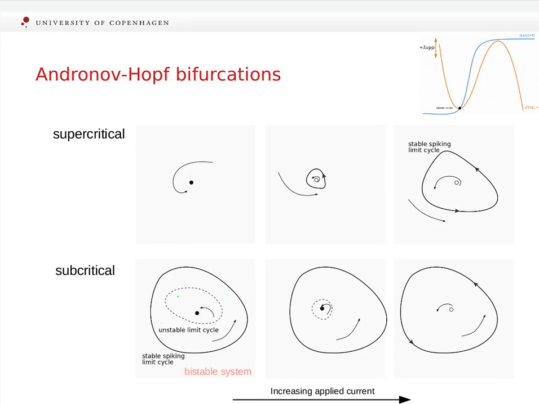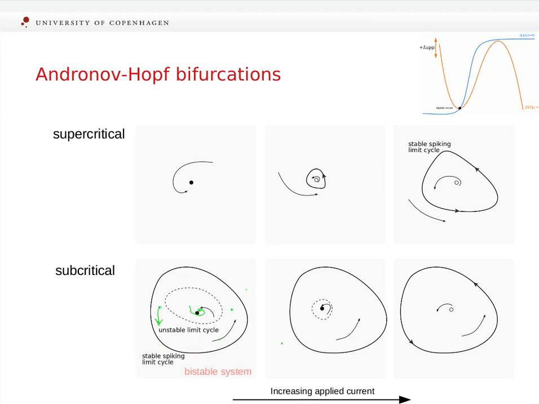If we start from within this unstable limit cycle, we will converge to a resting state. But if we start from outside of the unstable limit cycle, for example from here, or actually from a more hyperpolarized state, it will lead us to stable spiking.